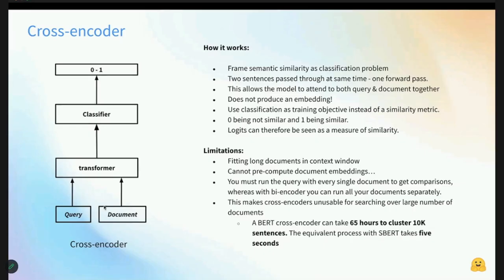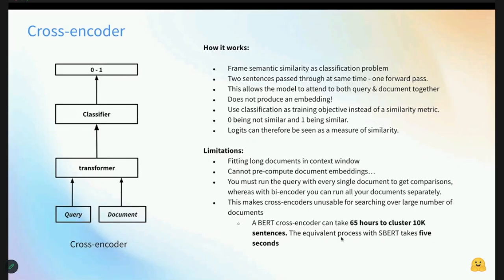So you can't pre-compute document embeddings, which means that if you want to use a cross encoder to search over a corpus of, let's say my corpus is 100,000 documents, in order to do that search, I would need to run a forward pass of the transformer for every single document along with that query. This is massively inefficient, and it makes this method completely unusable for large scale search.